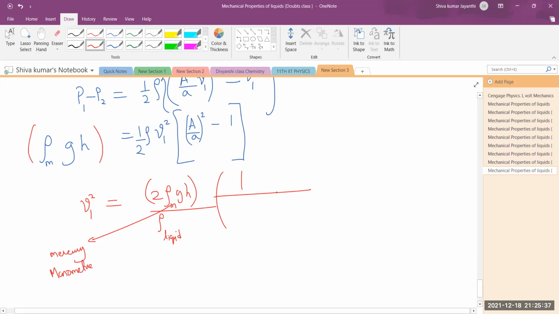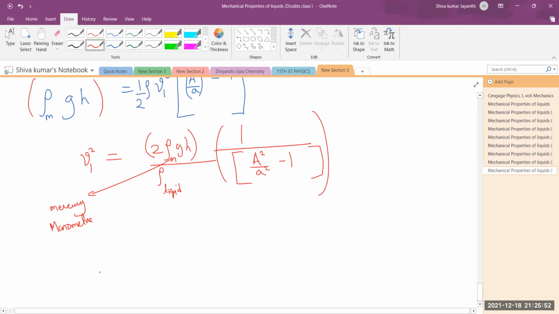Now it's clear. Below, we have this thing. Understood? Now this is a square. We would like to write it as a root. So we want V1 alone.